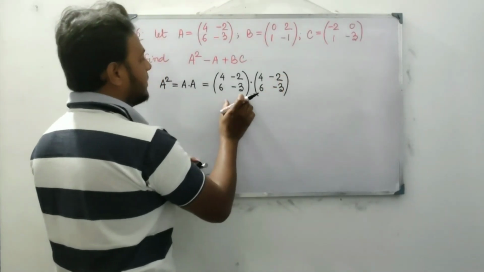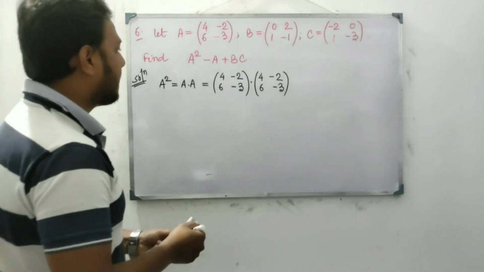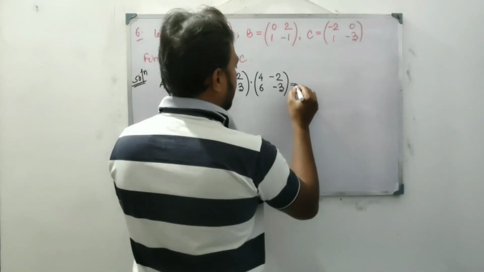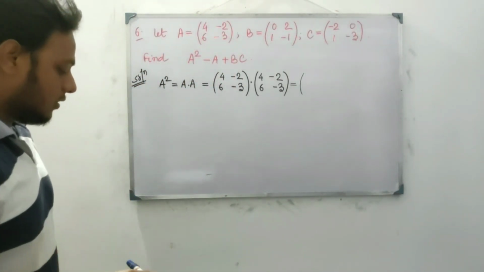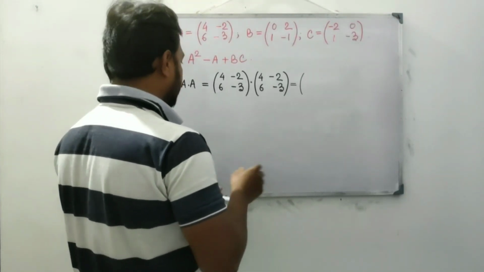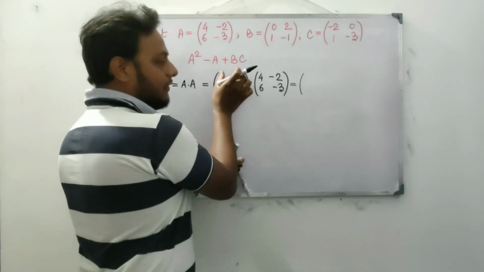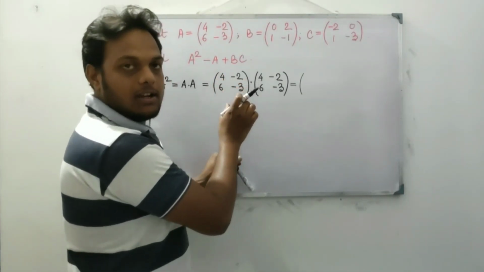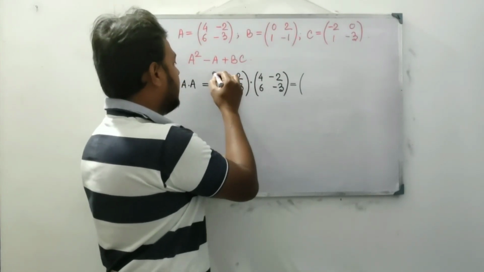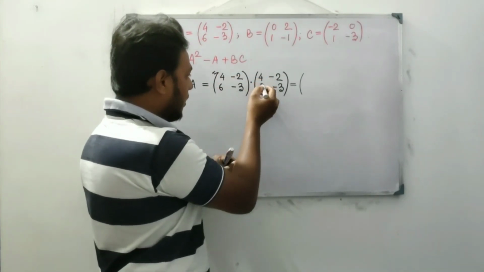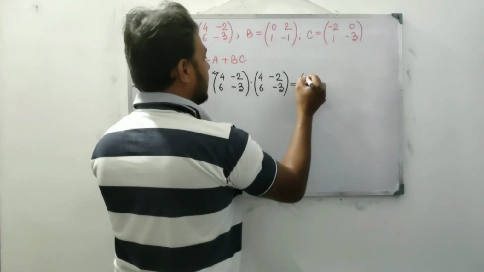We have considered A into A. I told you that in the case of multiplication, we have to consider a row. First I consider the first row, fix it, and take the inner product with each of the columns. So the first row, fixed, inner product with column 1.